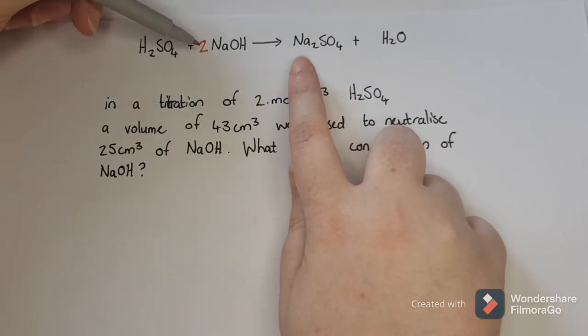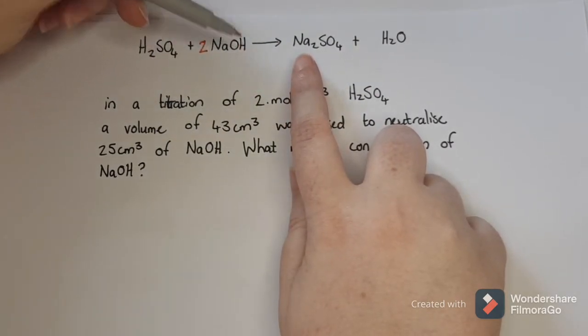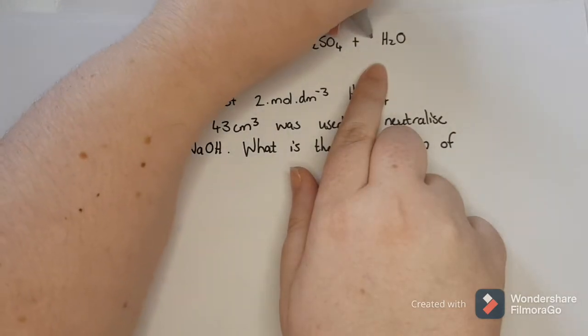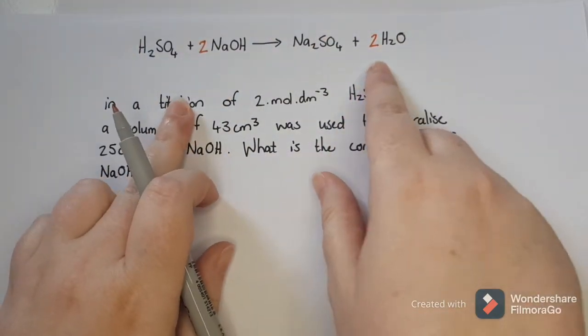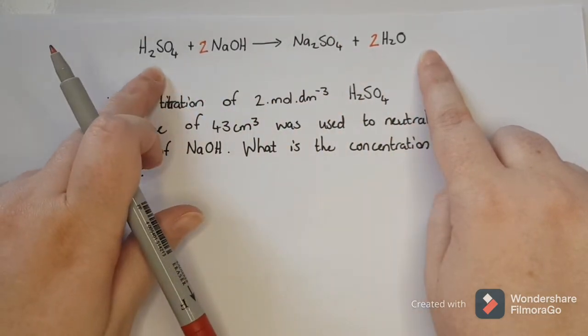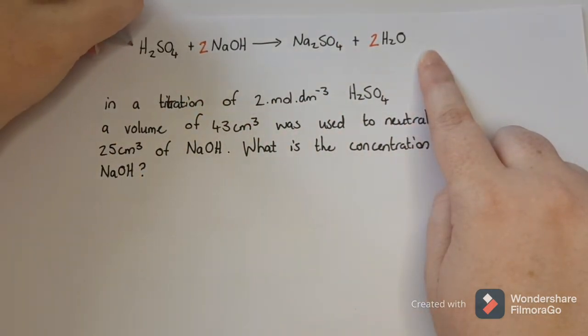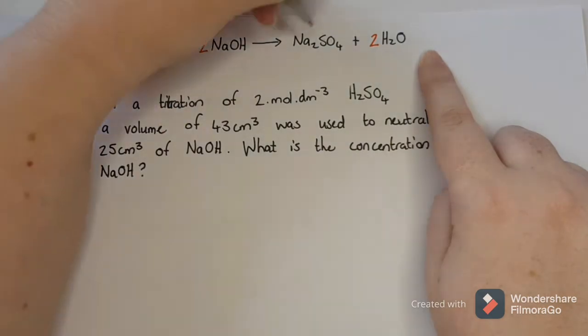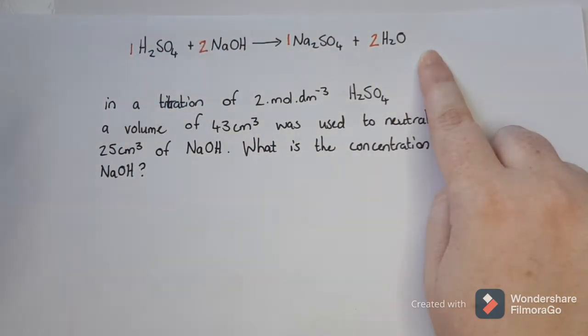And I have 2 hydrogens plus 2 hydrogens means I got 4, so I'd need at least a 2 there. And if we look at that, then everything in there is now balanced. So now I have a balanced equation with a ratio of 1 to 2 to 1 to 2.